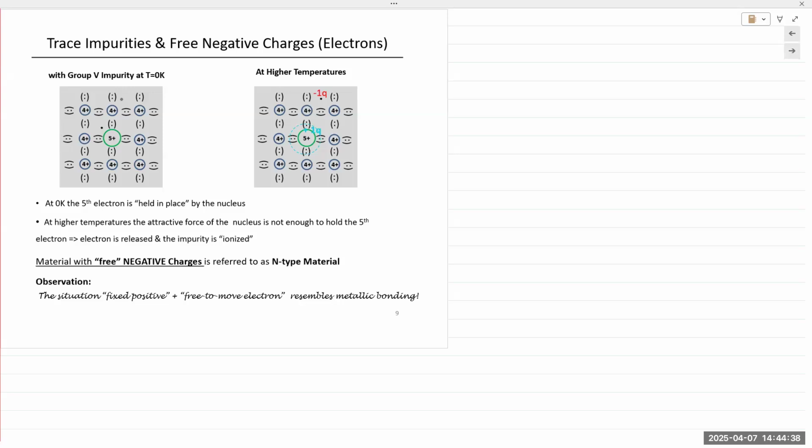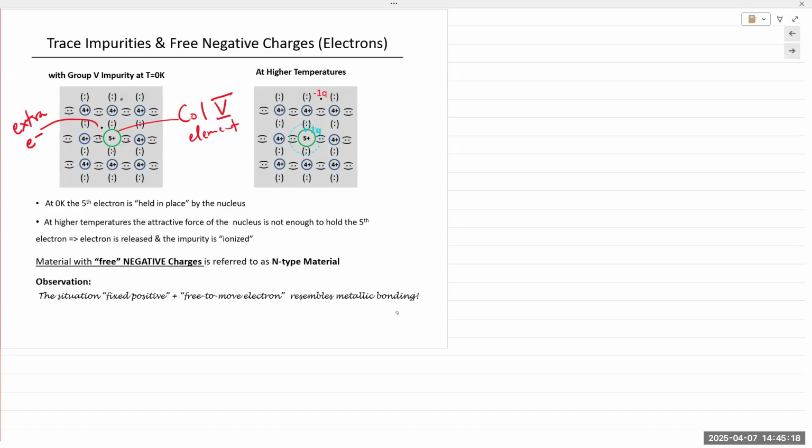Okay, and if we take a look here, this is a column 5 element. It shared 4 electrons on all 4 sides. And this is the extra electron. Okay, that's the extra electron. Everybody with me so far? Okay. And because this is external to the material, the type of semiconductor that is created is known as extrinsic.